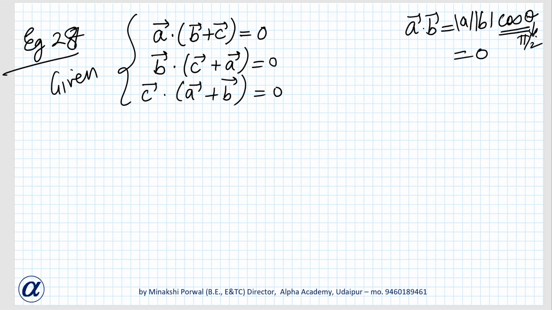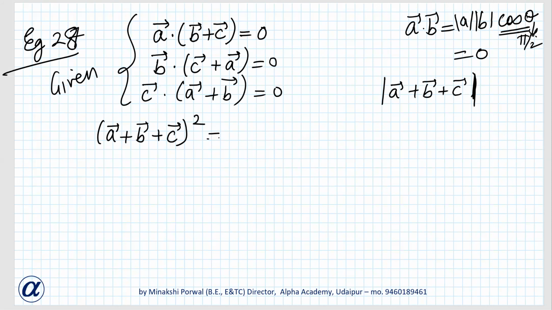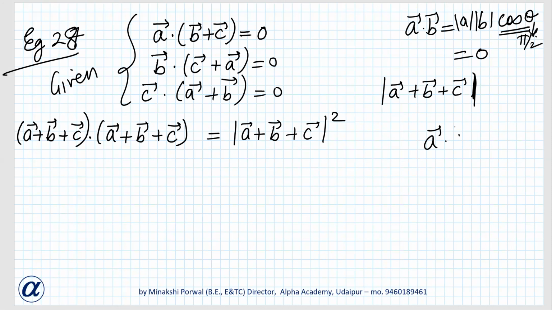We have to find the magnitude of A plus B plus C. Now, the magnitude of A plus B plus C, the whole square, equals (A plus B plus C) dot (A plus B plus C). Taking A dot A, we have seen it is mod of A into mod of A cos 0, because the angle between the same vectors is 0.